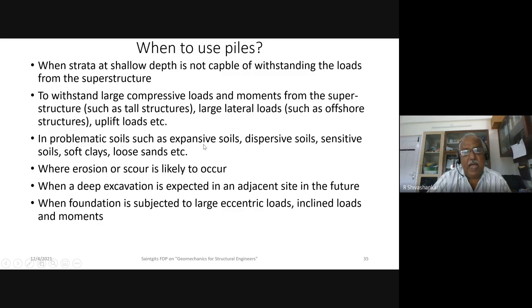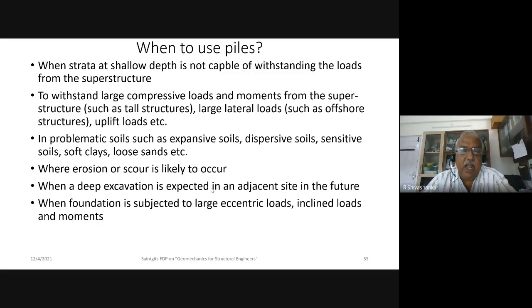You must have heard of black cotton soils. So, in all such situations, we use piles, and also whenever erosion or scouring is likely to occur, like in the case of bridge structures, around and below the bridge piers. Or whenever there is a deep excavation expected in the adjacent site, we go for pile foundations.